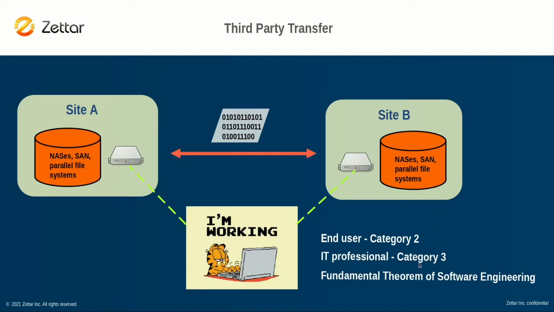In passing, I will point out that the third-party transfer in category 2 can sometimes be transformed into a combination of category 2 plus category 1 by applying the jokingly termed fundamental theorem of software engineering. The previously discussed biomedical instrument data collection solution architecture is a fine example.